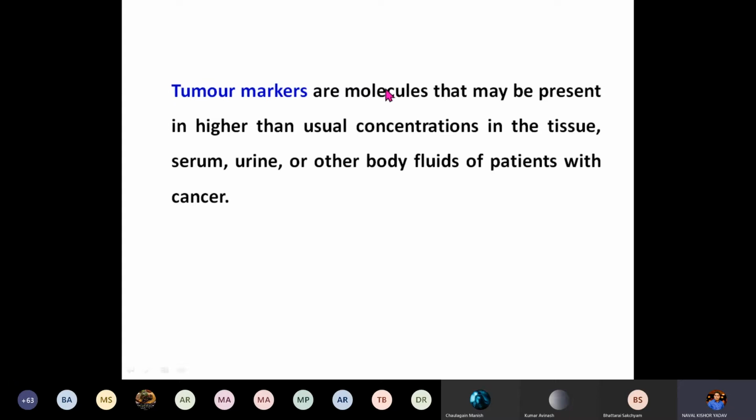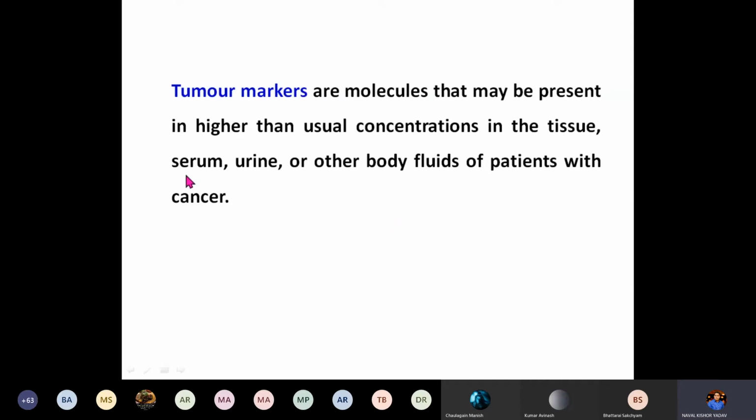So these molecules can be present in body fluids, even the urine, in the blood, and the tissue. All of this can be used to detect the molecules which are released during cancer in that particular patient.